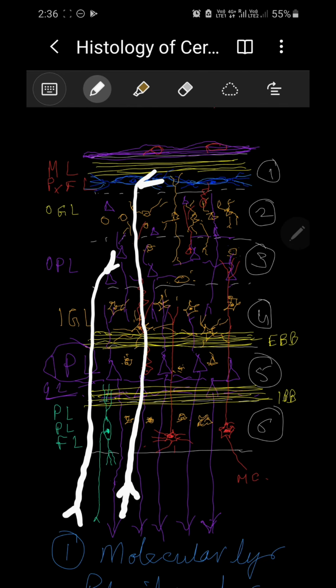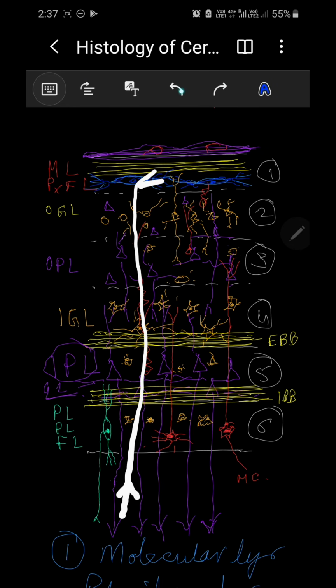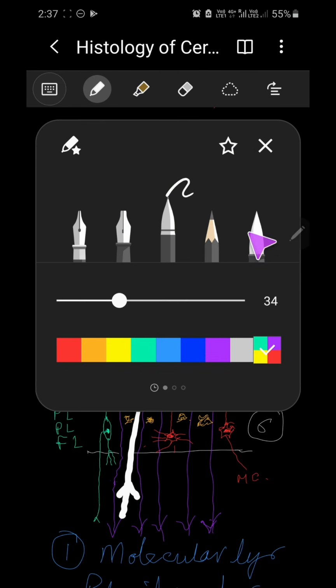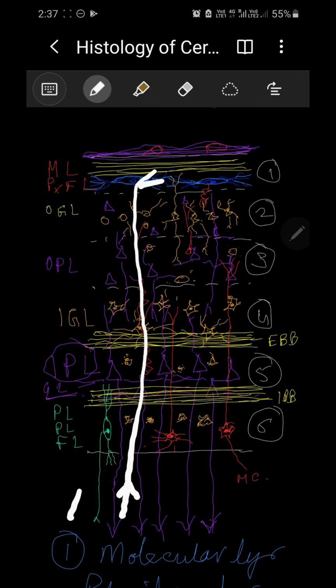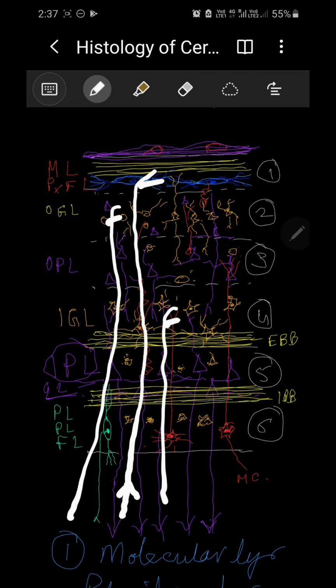And they will reach these granulocytes. Of course you can draw it reaching any layers, but because there are granulocytes in this layer, you can draw it like this, that they reach these arrows.